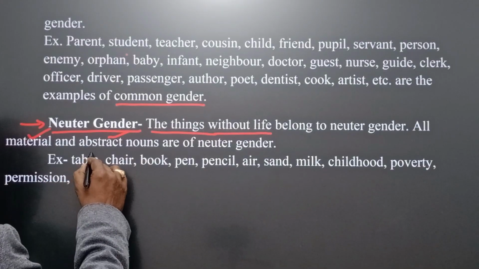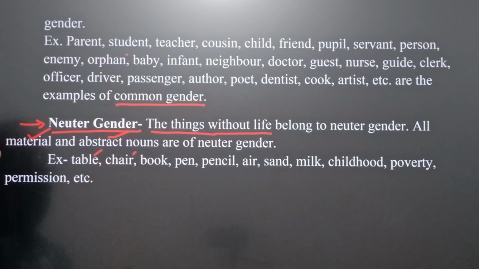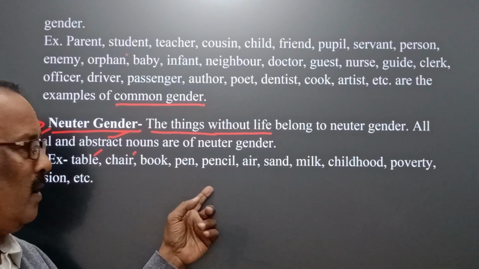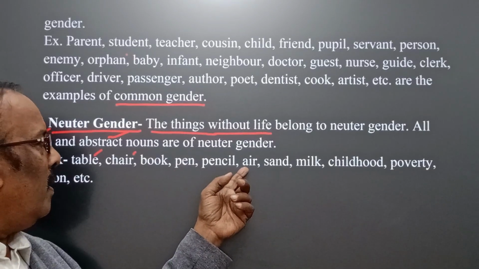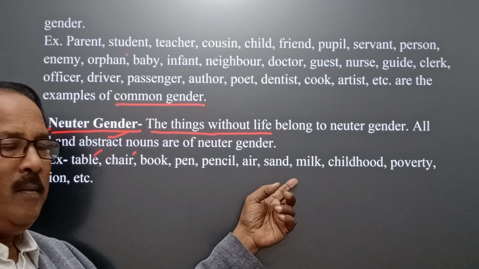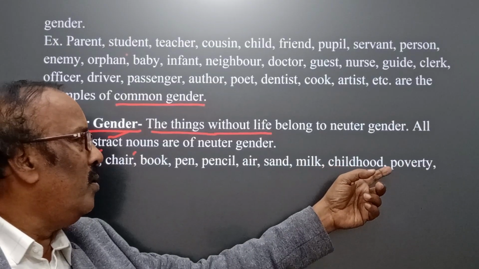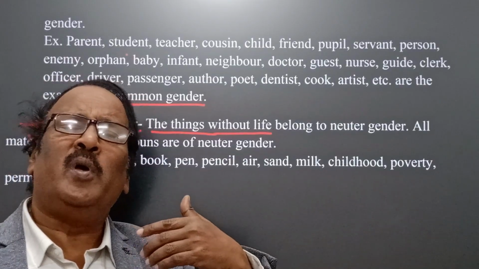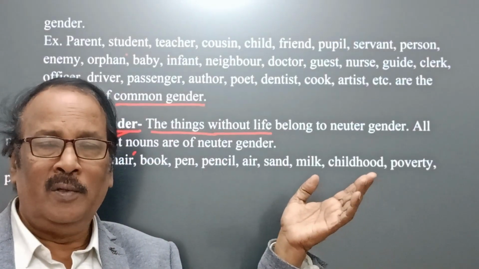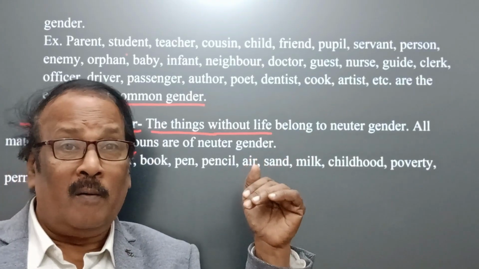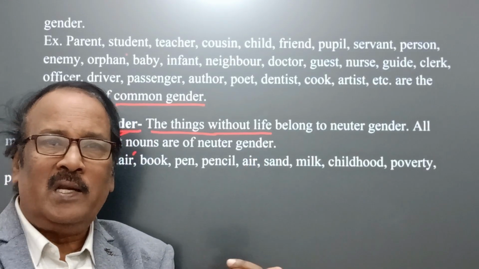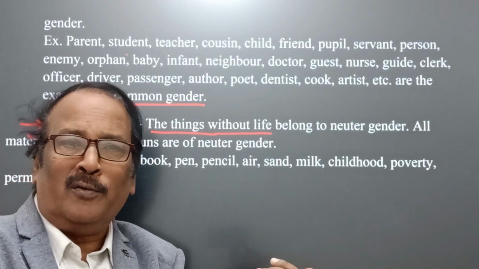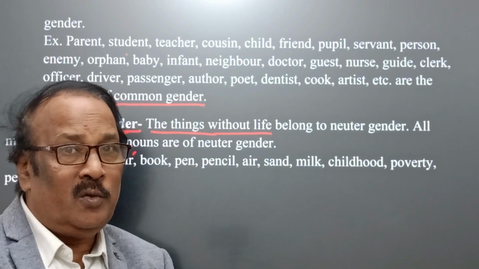Some examples: table, chair, book, pen, pencil, air, sand, milk, childhood, poverty, permission, and a number of uncountable nouns. Basically, material and abstract nouns come to this group.